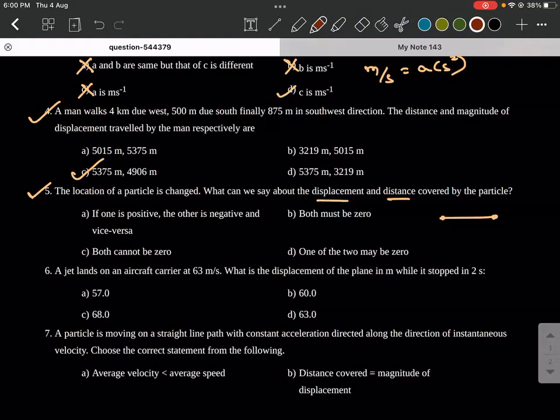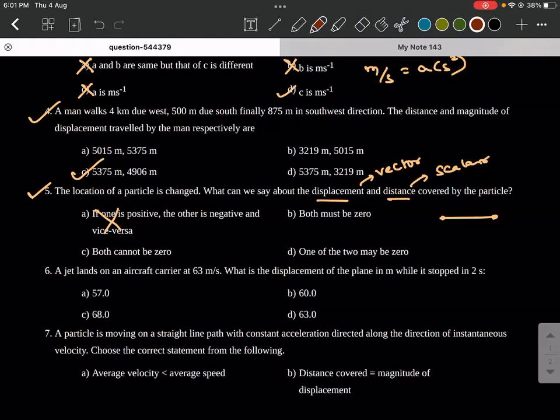What is displacement? Displacement is vector. Vectors have both magnitude and direction. They will only get sign. What about distance? Distance is a scalar. For scalar, you cannot say positive or negative. So the first option, if one is positive, the other is negative and vice versa, wrong. Because distance doesn't have any direction.